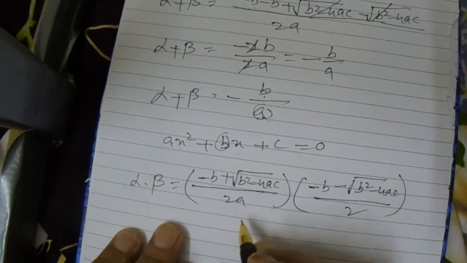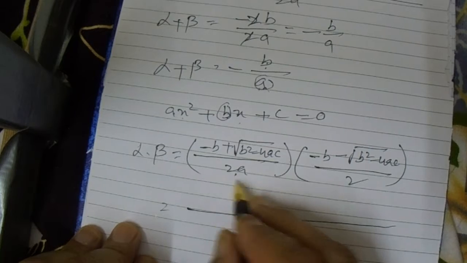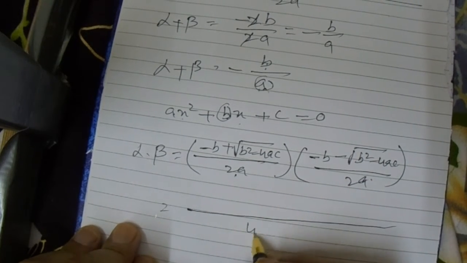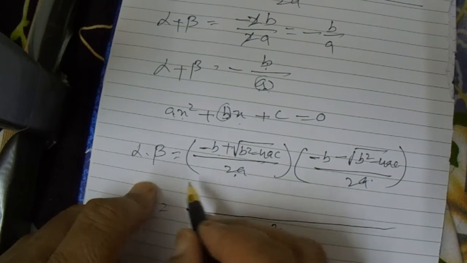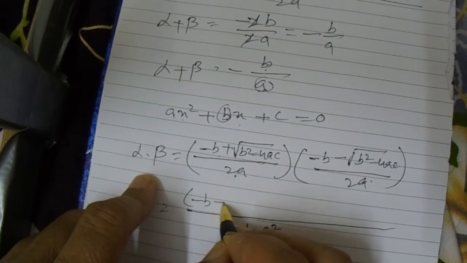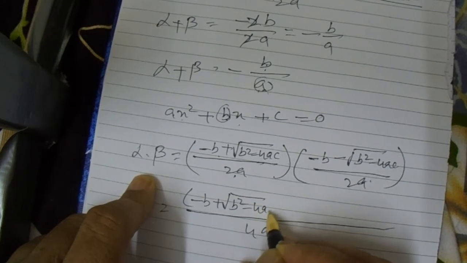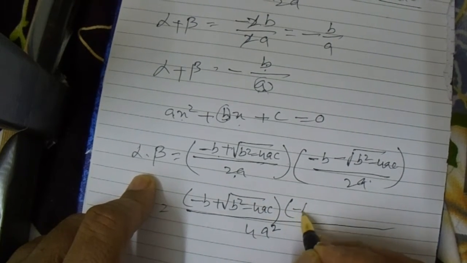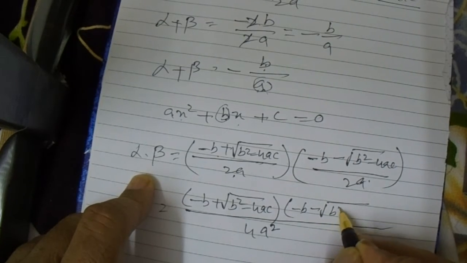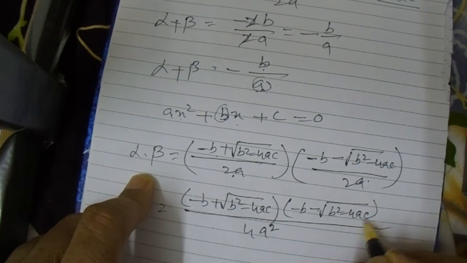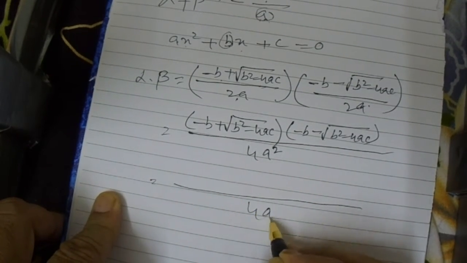Now this we write here is equal to 2a multiply 2a, 4a square. Now we write here brackets minus b plus under root b square minus 4ac and minus b and minus under root b square minus 4ac, over 4a square.